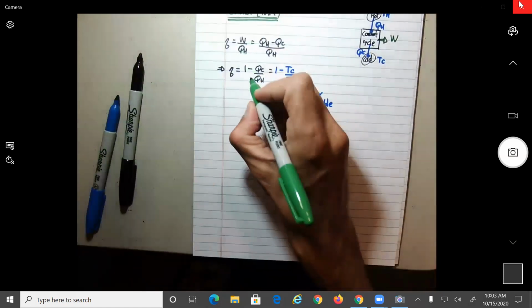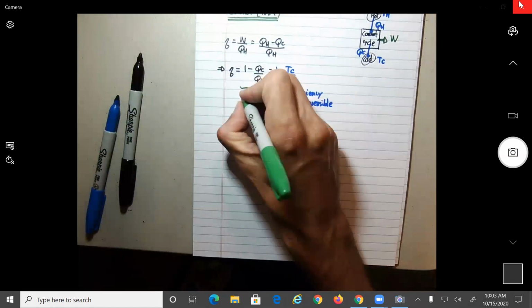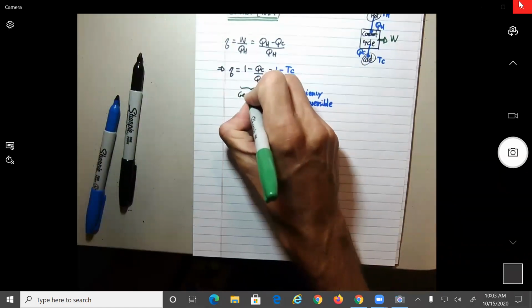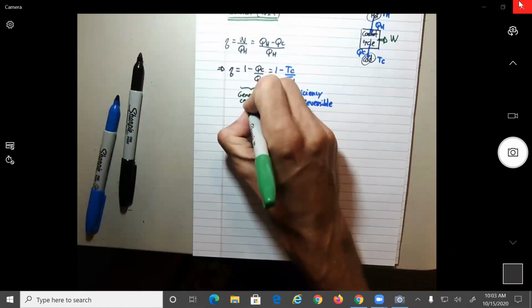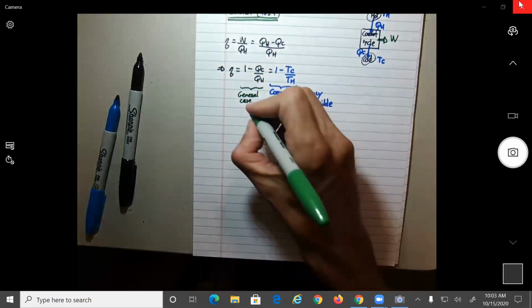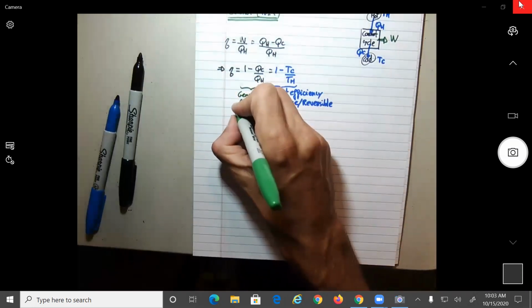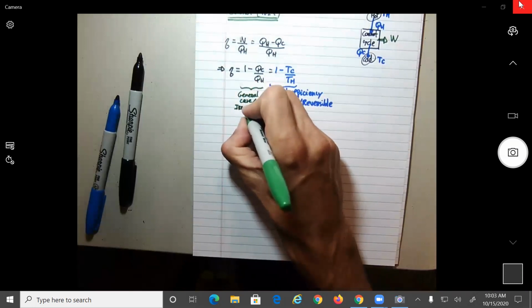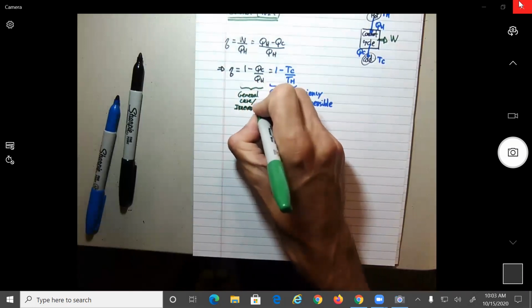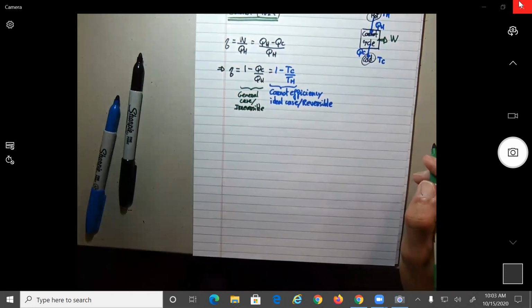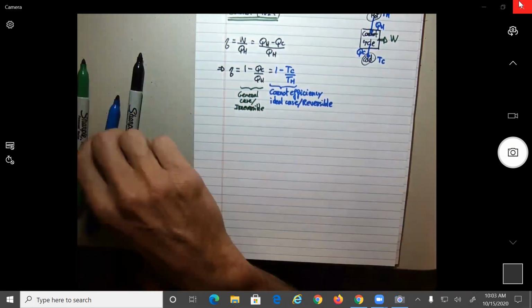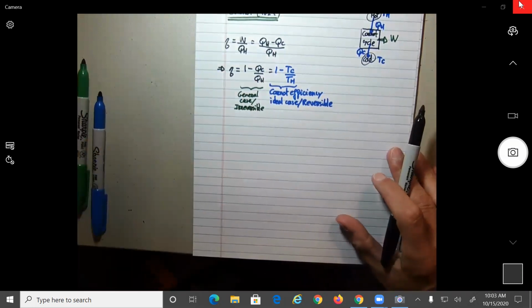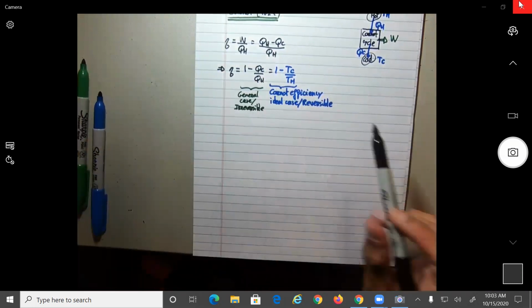And this part over here is the general case. That means it is the most common one, the one that applies if the system is irreversible. Okay, but you see, basically it's the same thing.